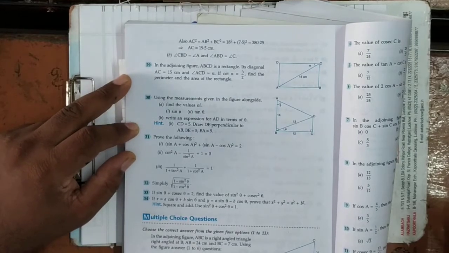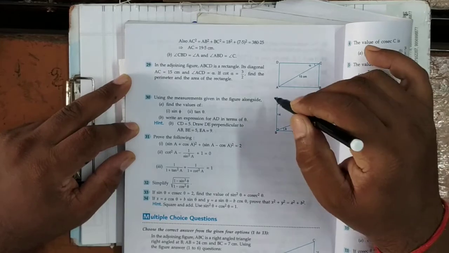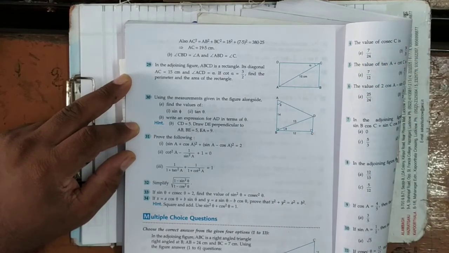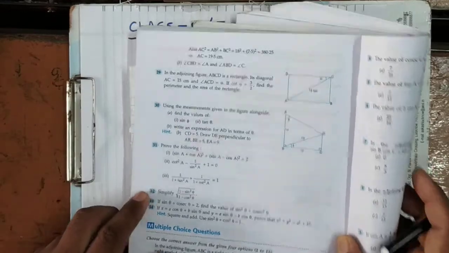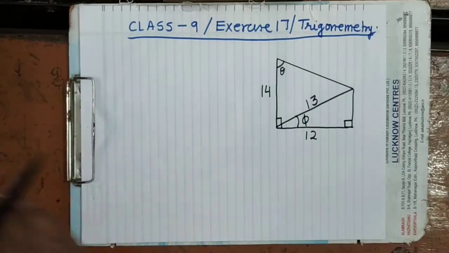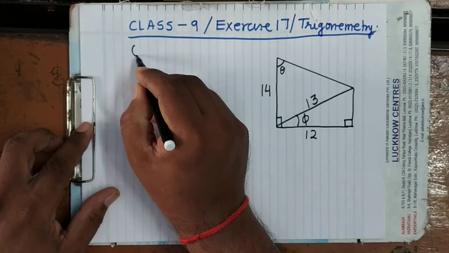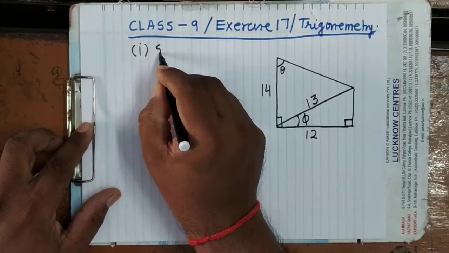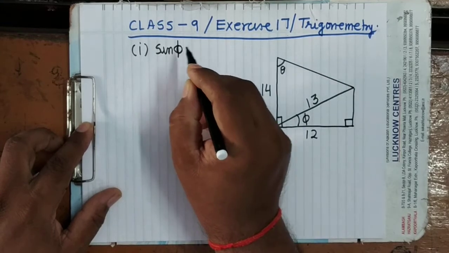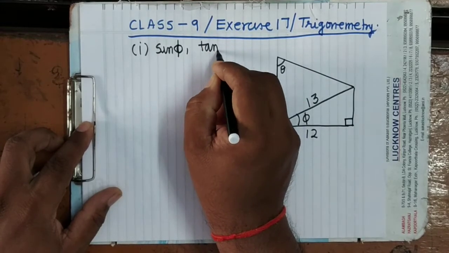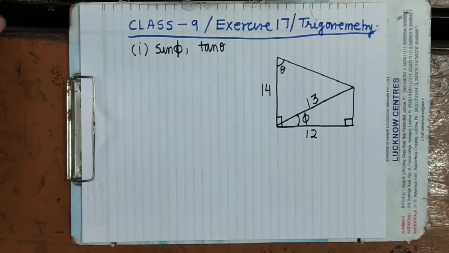Then in the second part, write an expression for AD in terms of theta. So first you do the first two parts, sin phi and tan theta. These two values you have to find.